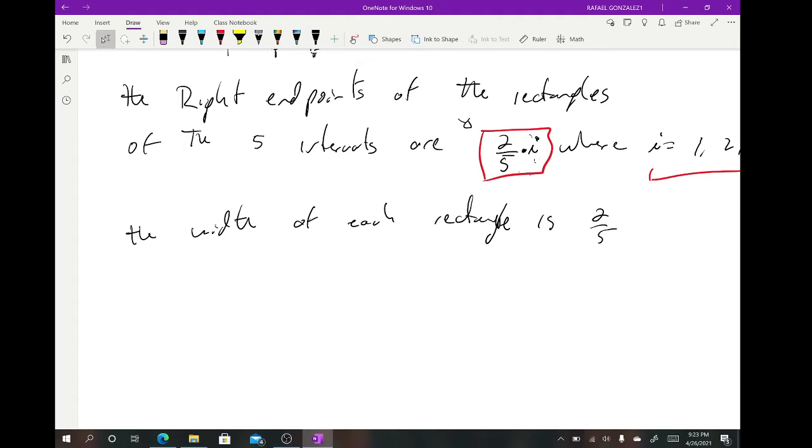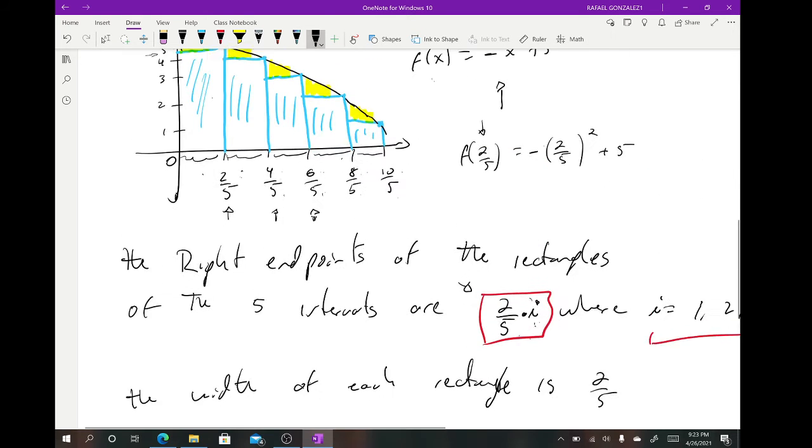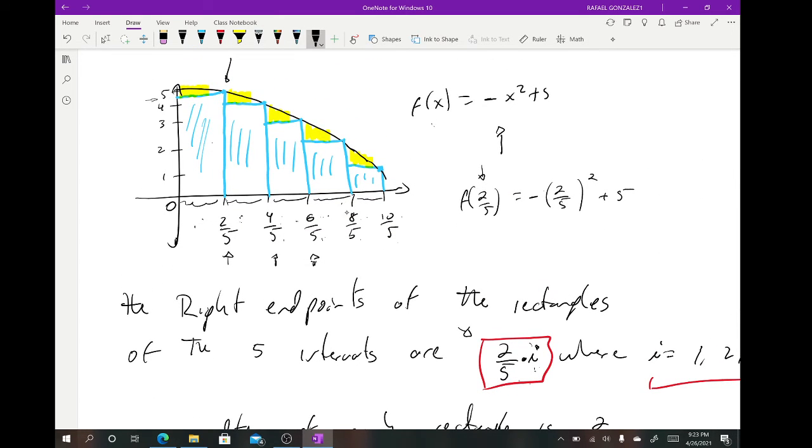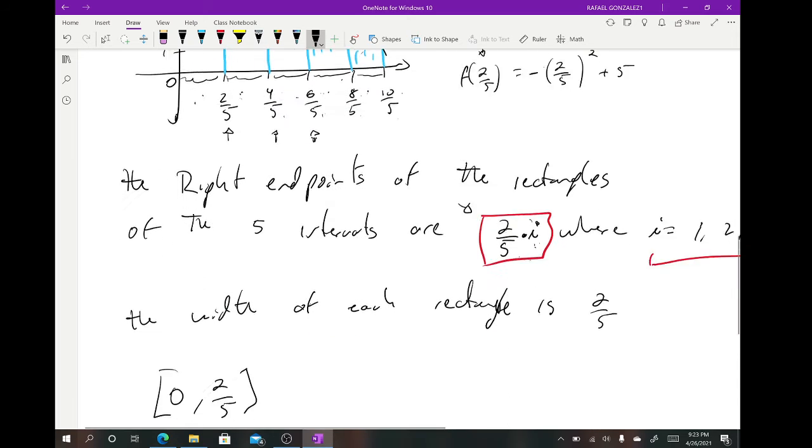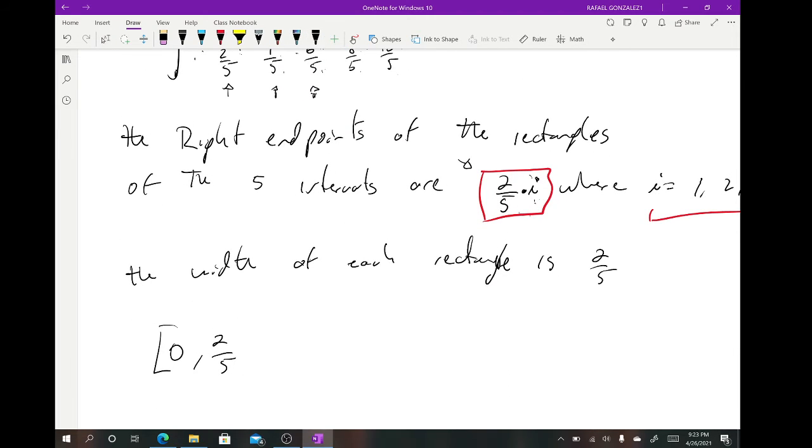So what we have here is the following. We have the intervals. We have 5 of them again, 5 rectangles. So we can find the area of each rectangle on each interval and add them up.